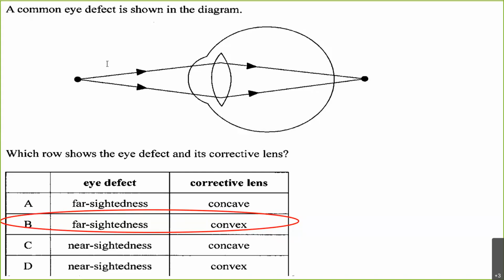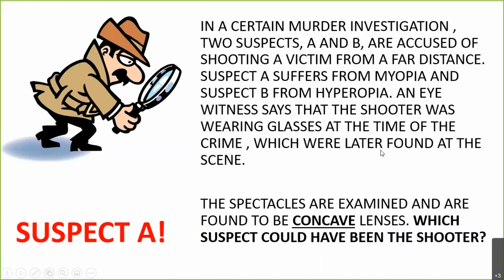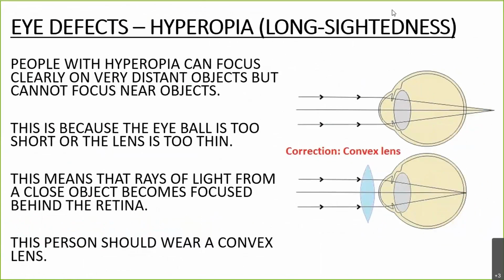All right. Farsighted is the same thing as long-sighted, okay? So if we go back a couple slides back, long-sightedness, that's when the light is focused behind the retina. So the point where all the light rays converge, it's behind the retina. It looks like it's going outside of the eyeball. Okay.